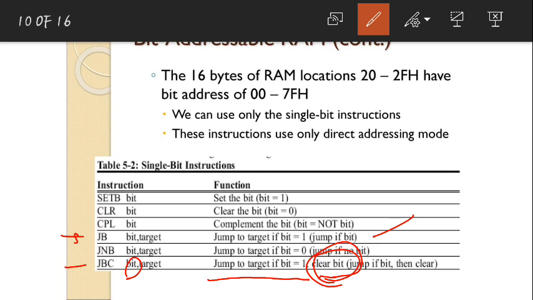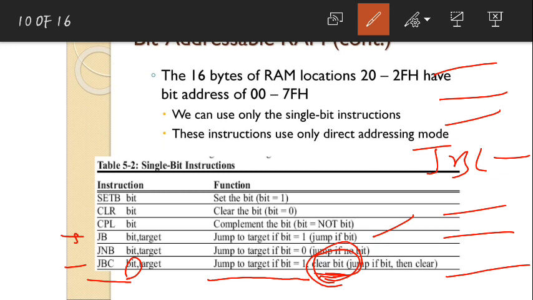Okay, you may have a doubt: when it is clearing that bit, why would this bit be equal to 1 again? See, if I write this JBC instruction in this line, I will have a few lines before it, and when the bit is set, it will jump to the target address. Here are the operations, for example ADD, adding two numbers.